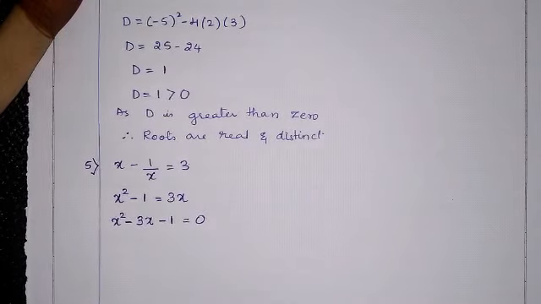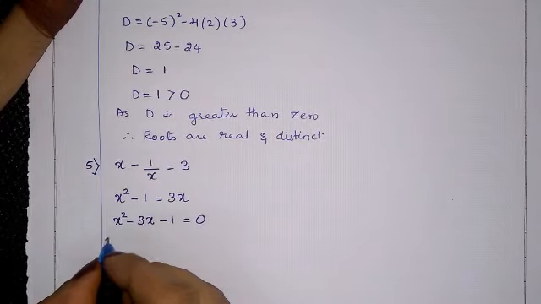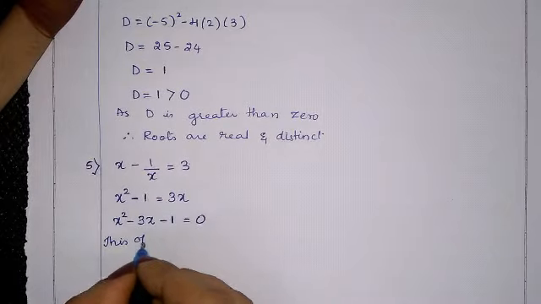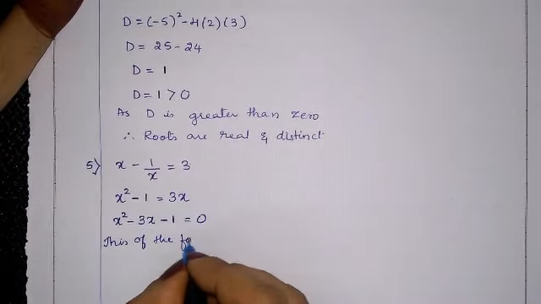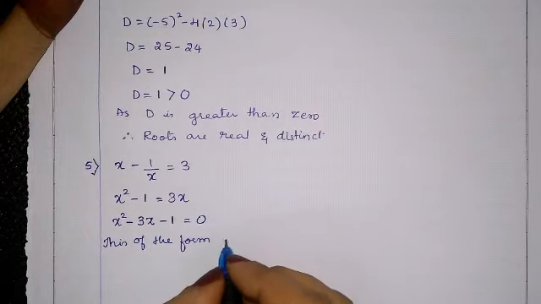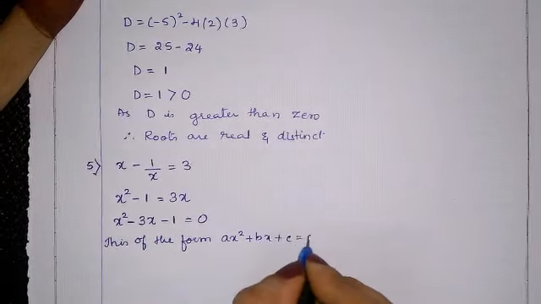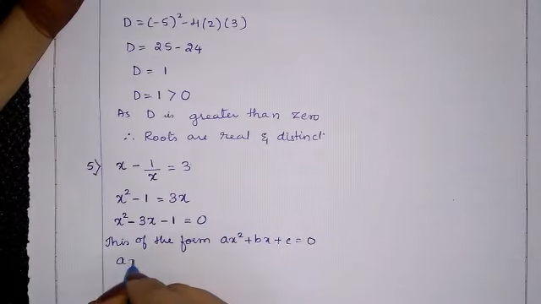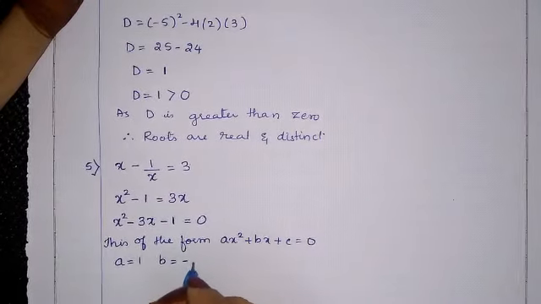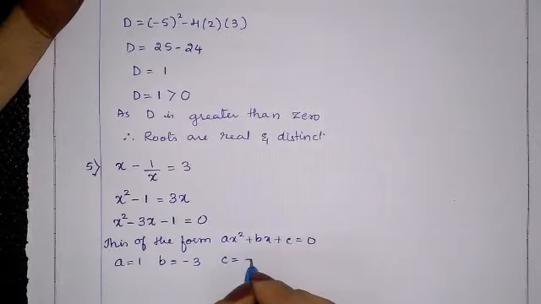So now this is of the form, or comparing with ax square plus bx plus c equal to 0. A value is 1, b value is minus 3 and c value is minus 1.